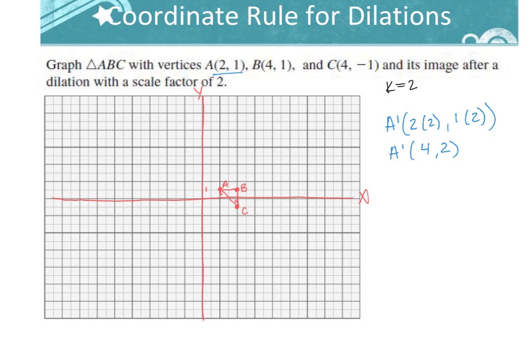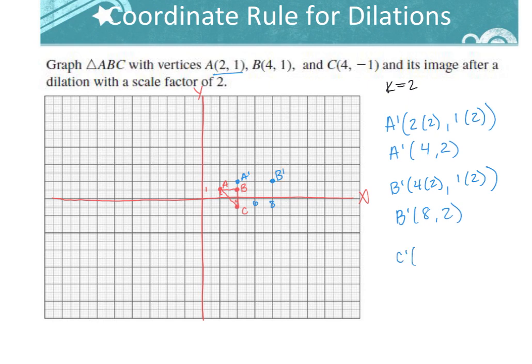Go over 4 up 2, that's going to be right here. This is A prime. B prime is going to be 4 times 2, comma, 1 times 2. So B prime is going to be 8, 2. So let's move over 8, and then up 2. This will be our B prime.